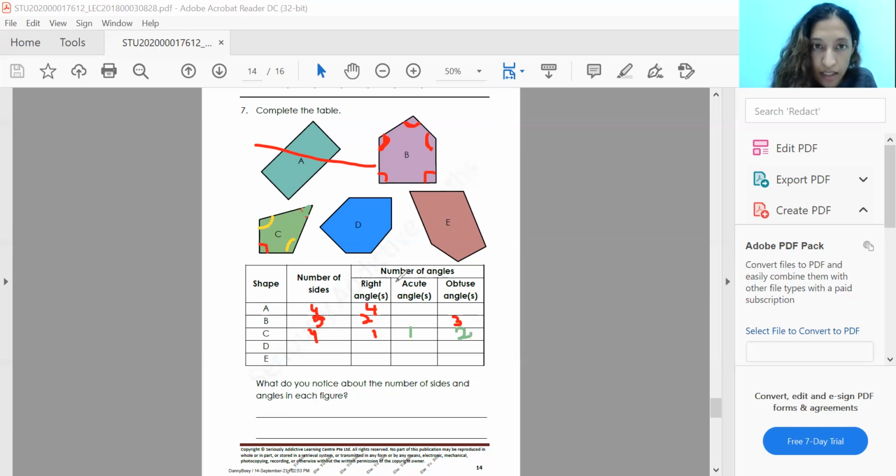Okay, so D. What about D? How many sides are there? 1, 2, 3, 4, 5, 6. 6 sides. Okay. How many right angles do we see? Let's identify them. 1. Where's 1 more? Okay, so let us draw. Here, here, here. Okay, how about I use a different color?